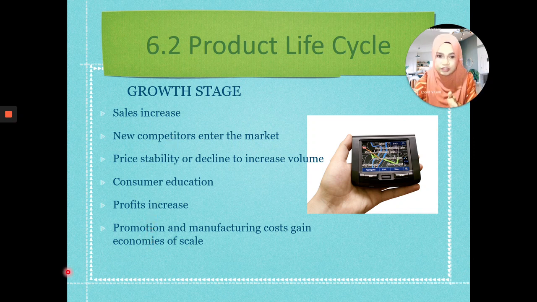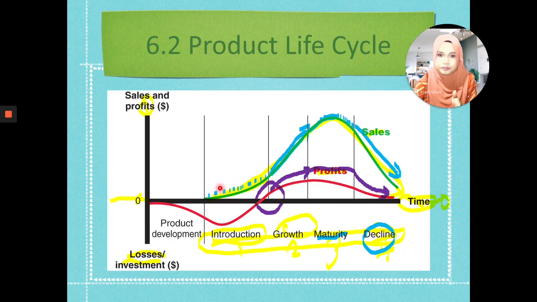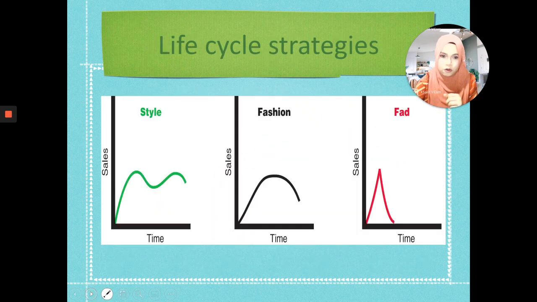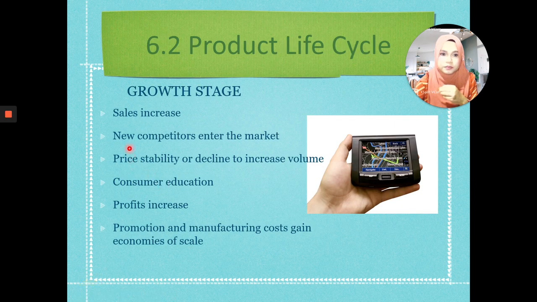So as you enter the introduction stage, your competitors are still in their product development. Now, as you enter the growth stage, your competitors start to introduce their product. Therefore, that is why I put here, new competitors start to enter the market.